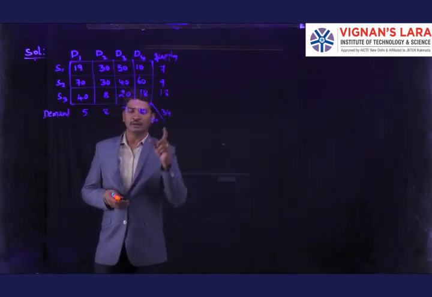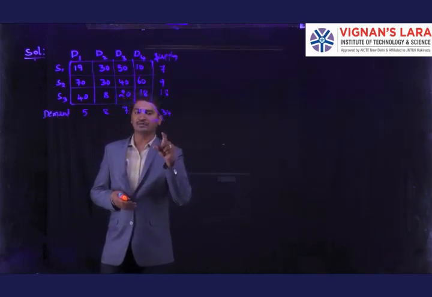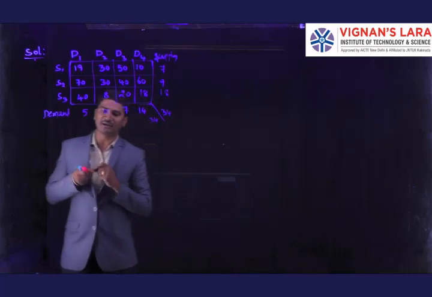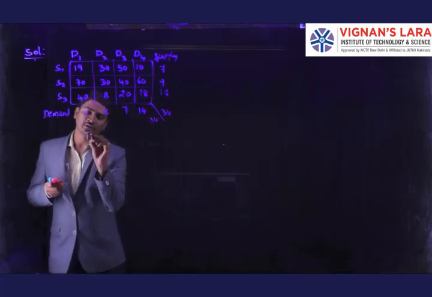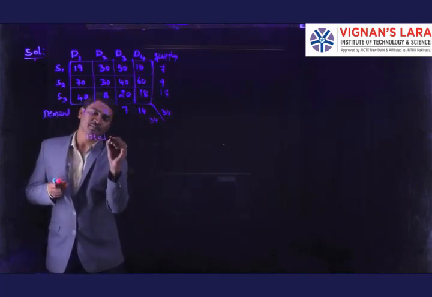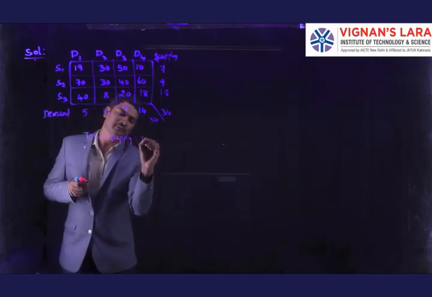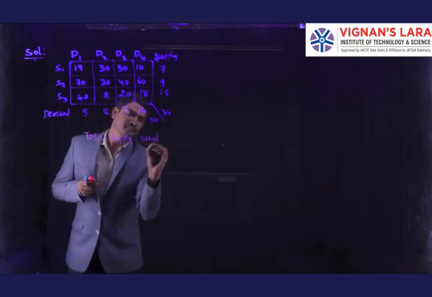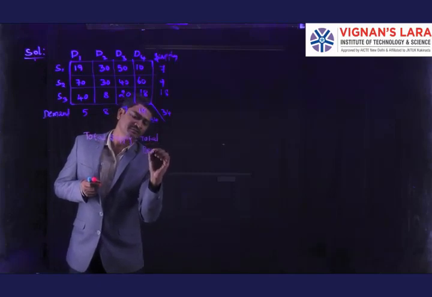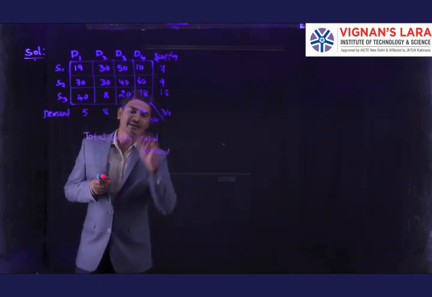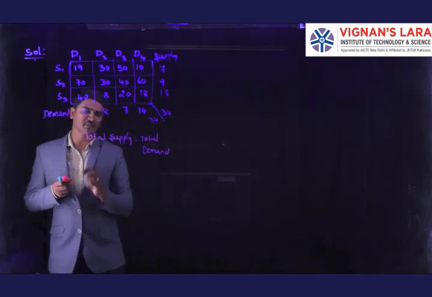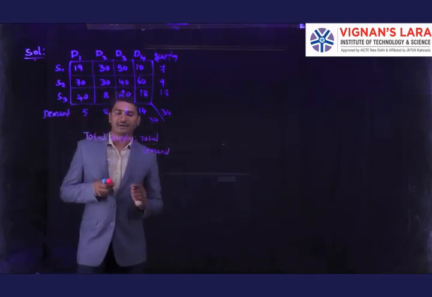It is already in balanced form, so the rim condition is satisfied. Total supply is equal to total demand. That's the reason we call it a balanced transportation problem.